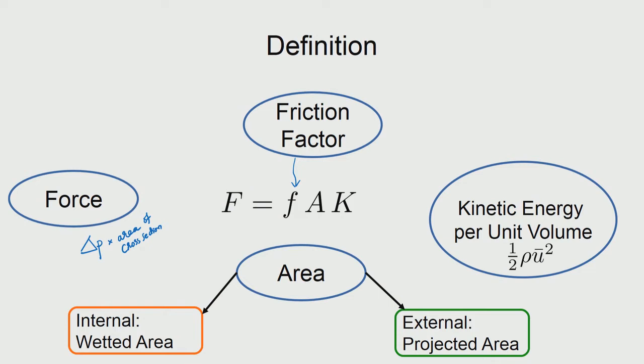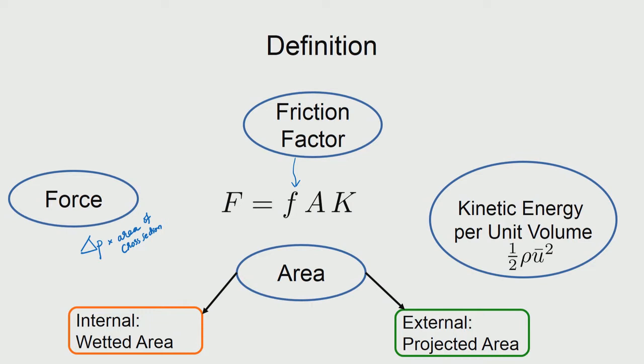What are called internal flows, for example pipe flow, where the wall is in the surroundings, for such problems we take the wetted area. Here the wetted area in the case of pipe flow would be the perimeter times the length, that is pi d L. Now, in the case of external flow, that is the flow over objects, like flow around a sphere, we take the projected area.